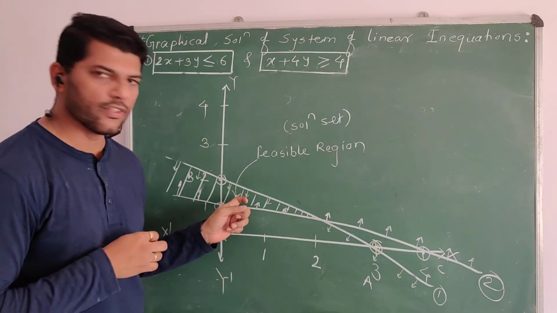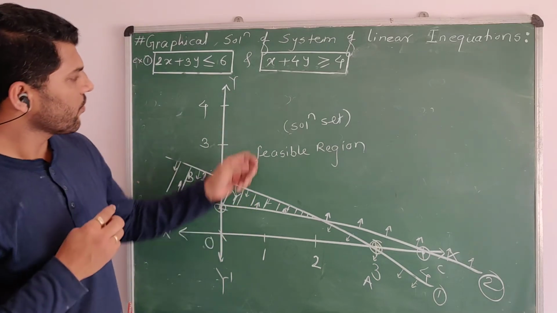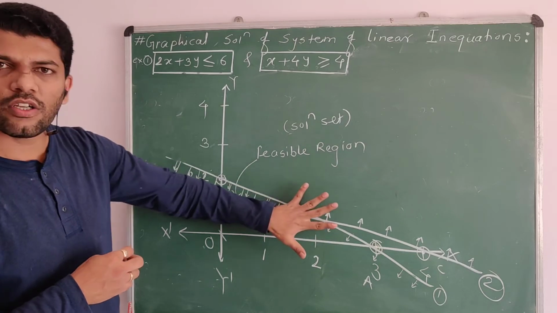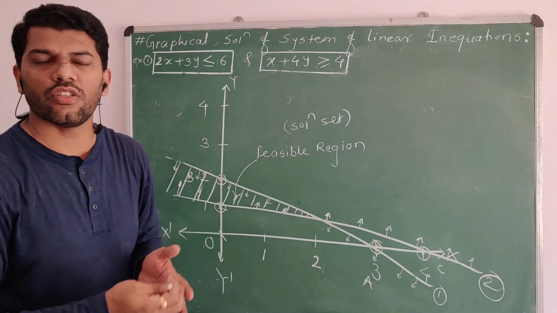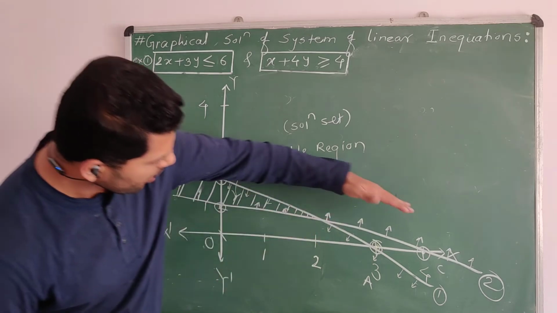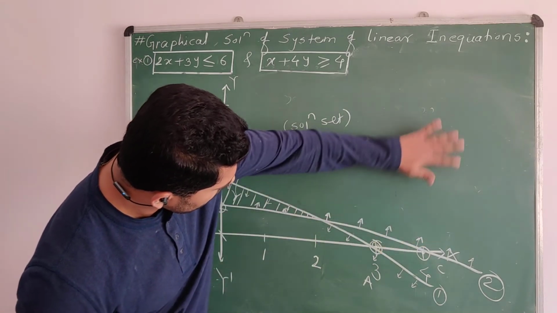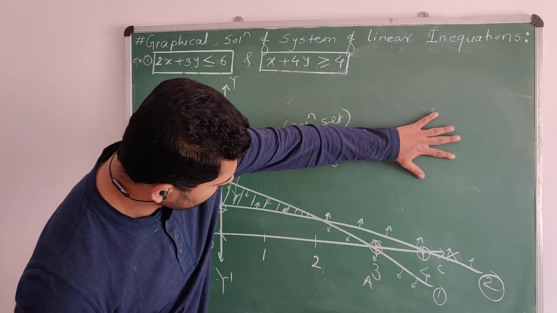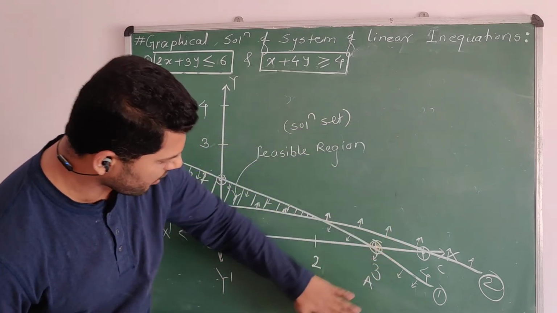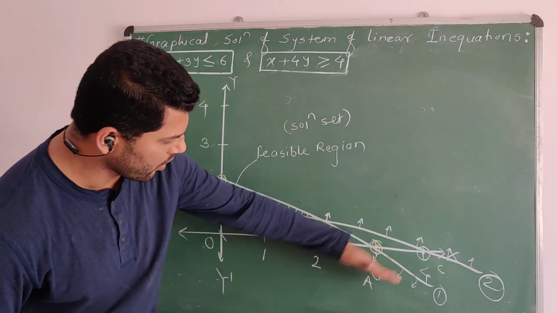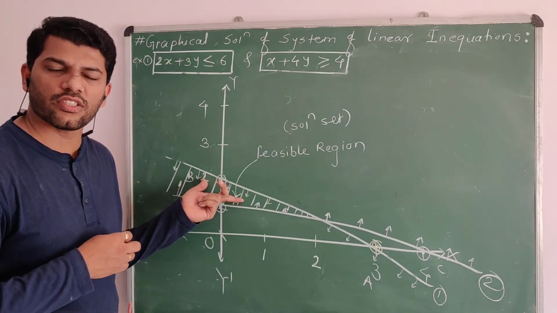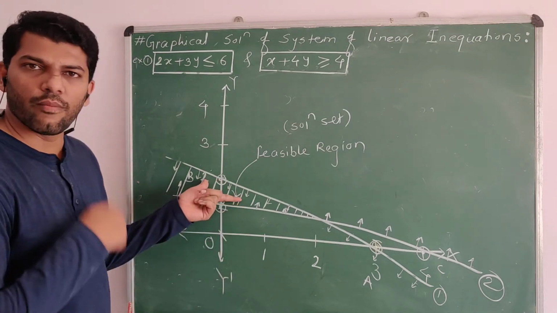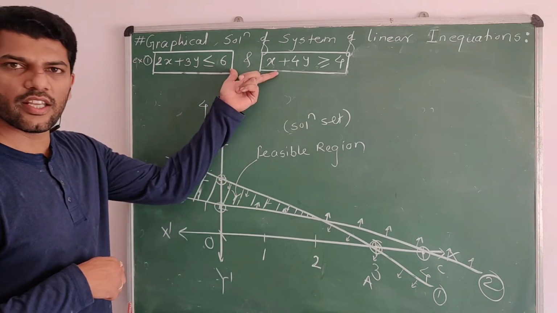So how to find this feasible region? Just find that part of the graph where both the arrows cross each other at the same moment. If you follow this part of the graph, you will find only one type of arrows. This is the region where both the arrows cross each other, meaning this is the common region to these two inequalities.